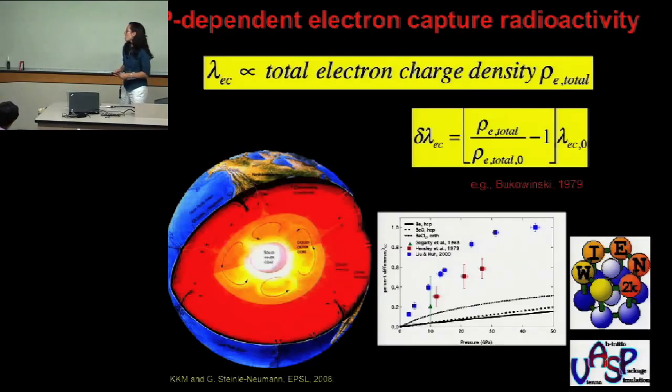Okay? So this gave us some confidence that maybe we could use this method in order to predict how a very long-lived radioisotope would behave. That is potassium-40, which has a more than billion-year half-life. Okay? Not exactly something that's easily measurable in the lab.